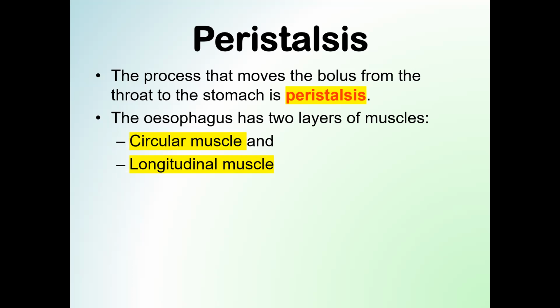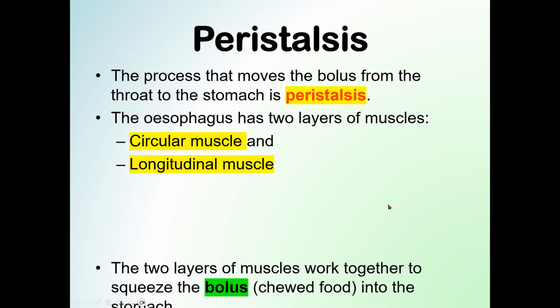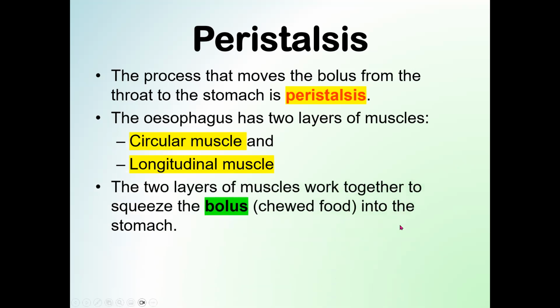That's exactly what peristalsis, the squeezing part, does to the food to get it down into the stomach. So the two types of muscles, circular and longitudinal, work together. And of course, if you're vomiting, the reverse happens.